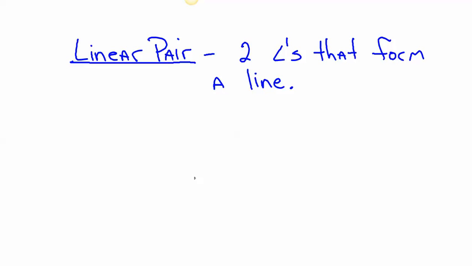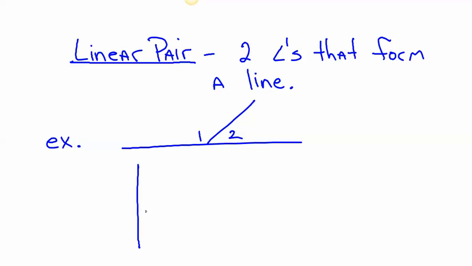An example would be, here's a line. Now you've got two angles, angle 1, angle 2. They're a linear pair.